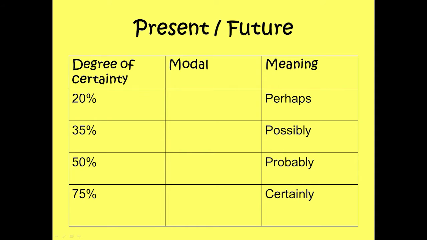Degrees of certainty in the present and the future. If it is just very probable, you say might, something like 20%. It means perhaps. If you say may, it's a bit stronger in probability, about 35%, possibly.